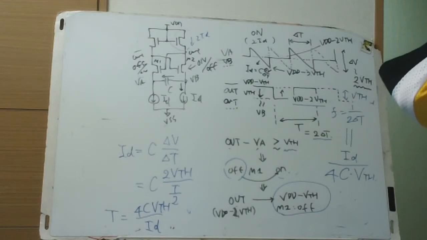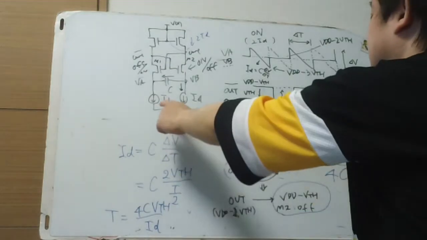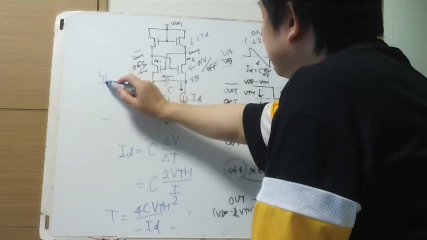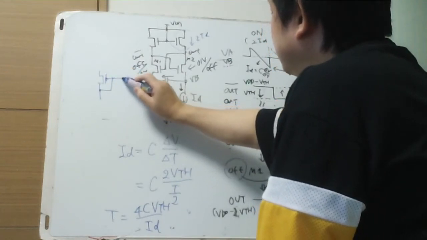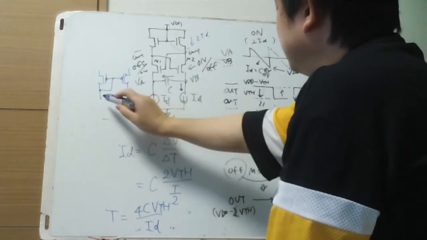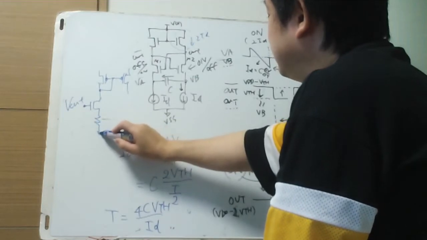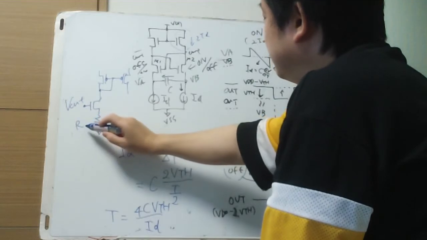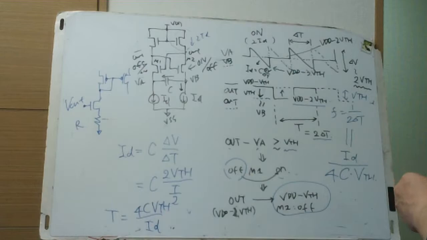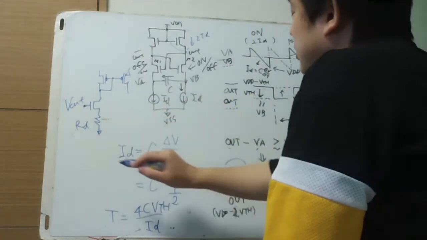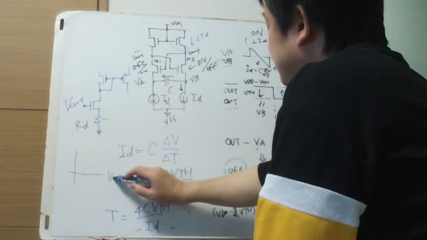To control this VCO linearly, we need to make a linear voltage-controlled ID current source with a topology like this: a P channel diode-connected, current-mirrored to another P channel, going to this, and this is V count, V sub control. A degeneration resistance RD is needed, because otherwise there is a quadratic dependency on V control.